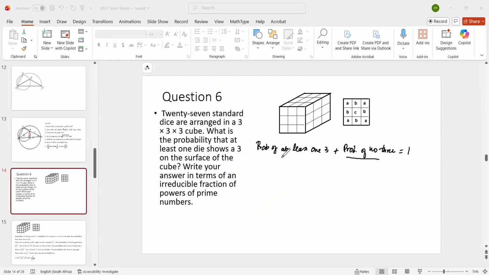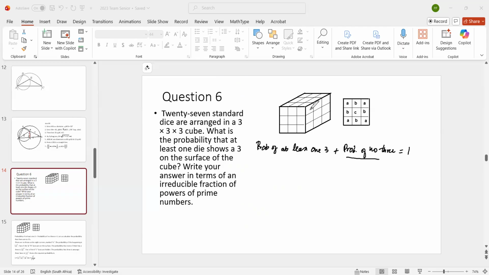Okay, so it means that none of these faces has a 3 in it. Now, there are 9 sides of a cube on each of these faces. So there are 6 faces altogether, so there are 54 such faces.